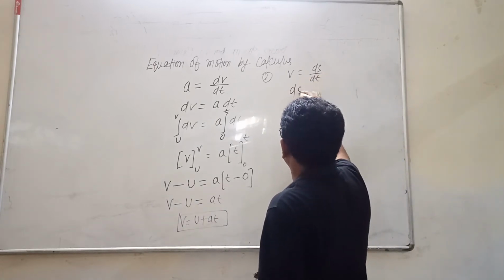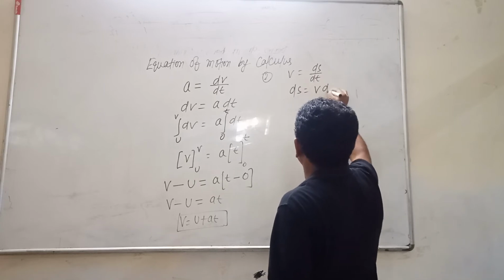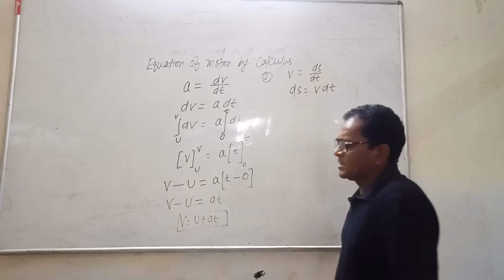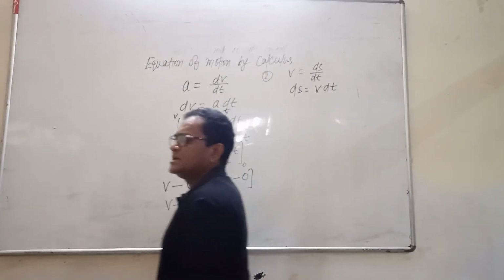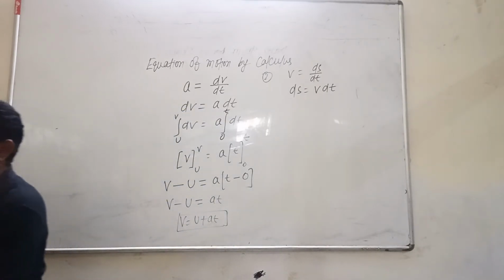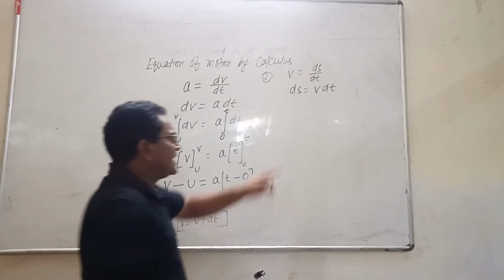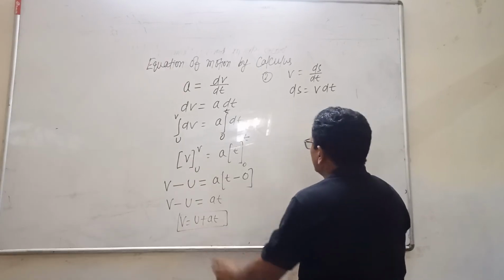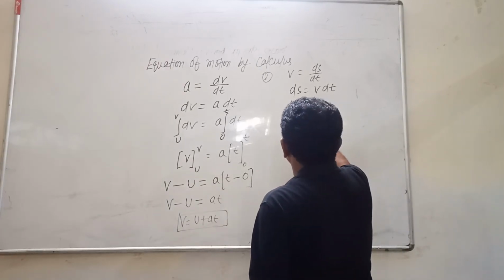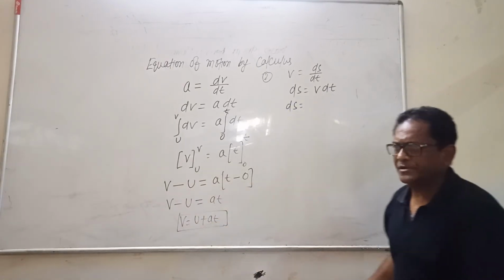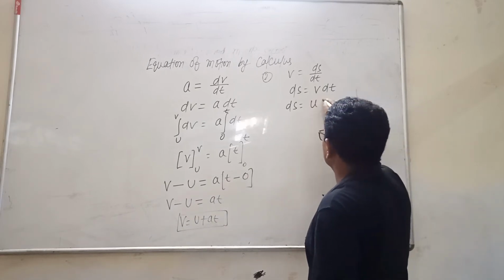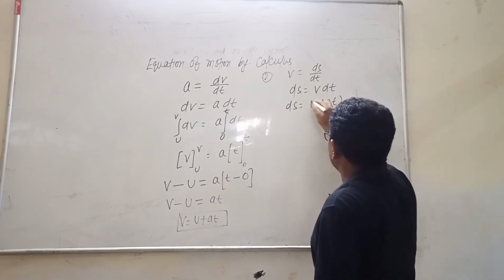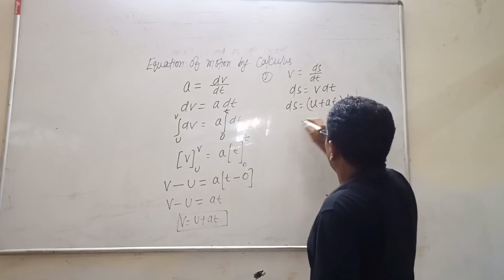Do cross multiplication, so ds equals to v into dt, and place the value of v from here. So ds equals to, at the place of v we can write u plus at. So u plus at into dt.